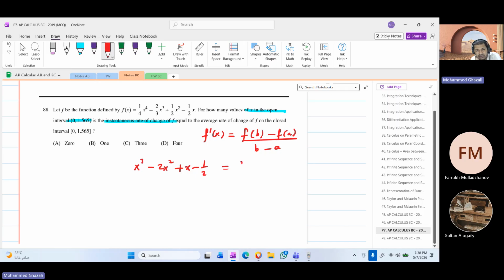You need to substitute f of 1.565, subtract f of 0. f of 0 will just give 0, so it's 0 divided by 1.565 minus 0. I just need this answer here. I need you to substitute 1.565 inside this function and give me that answer. And then after that, yes, we can do it.